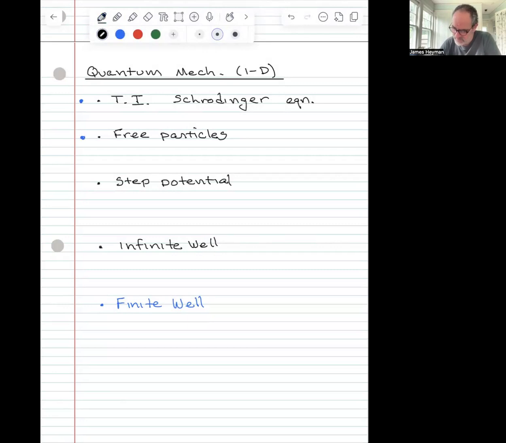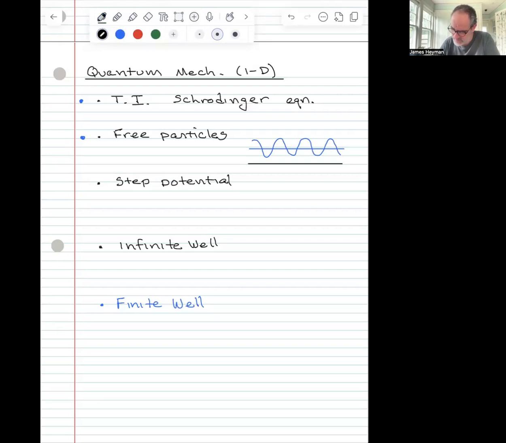For a free particle, the potential energy is independent of position, thus no forces, the particle is free, and the particle has a positive kinetic energy. What we found there is that the wave function is in general an oscillatory function. It might be a complex oscillatory function like e to the i kx, but nonetheless, that's how we can describe it.